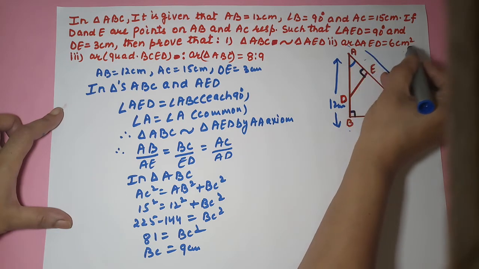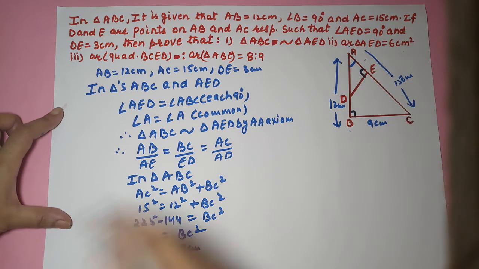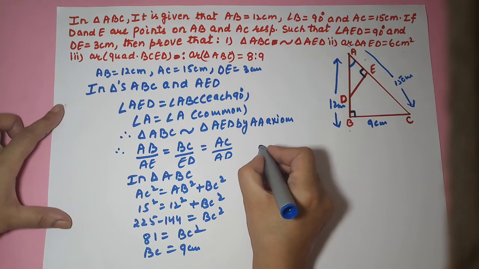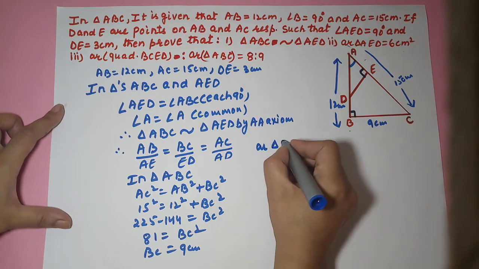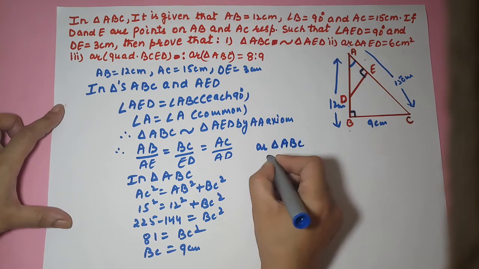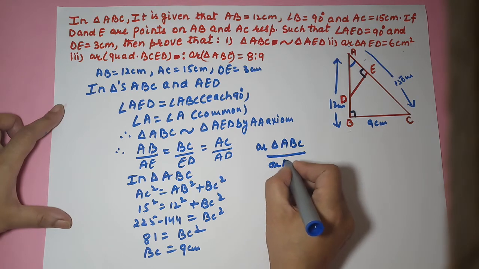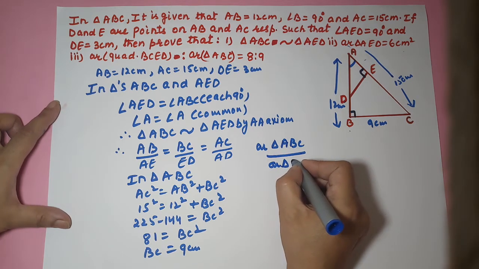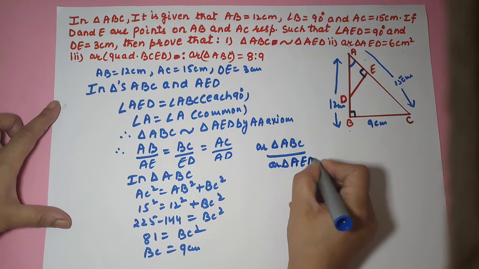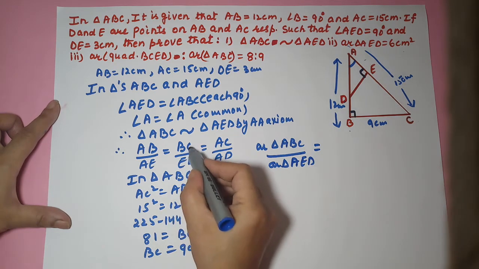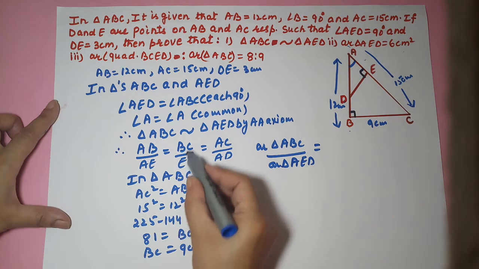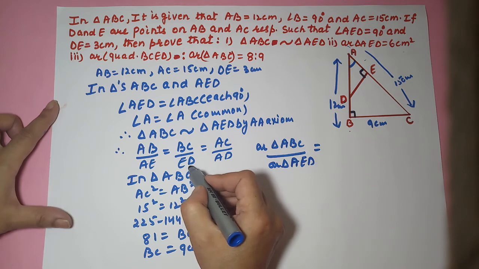Now, if I take the ratio of the areas of these two triangles, because I have to prove area of triangle AED should be 6 centimeter square, I will write area of triangle ABC upon area of triangle AED is equal to, now which two sides will I take out of the two? BC upon ED, right? Fine. Why?